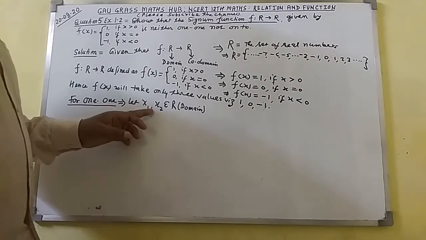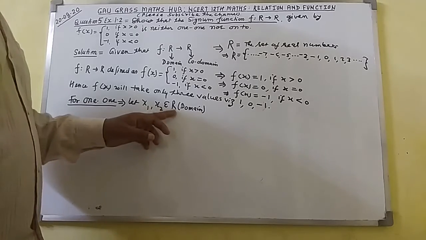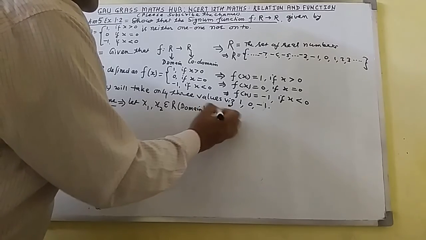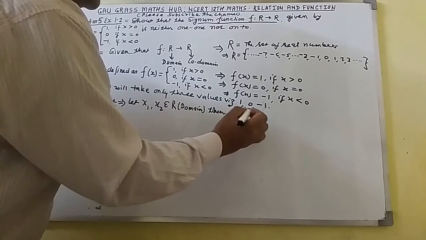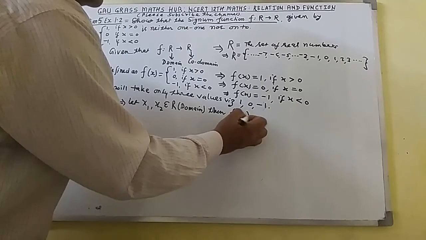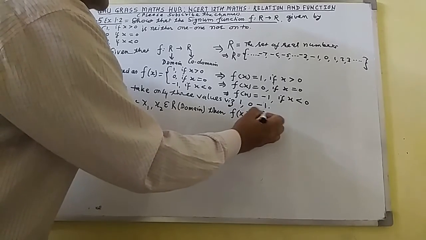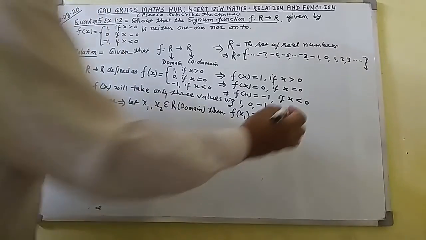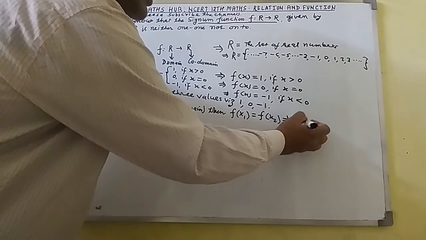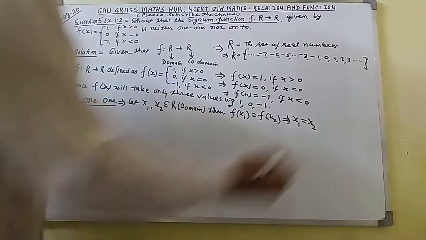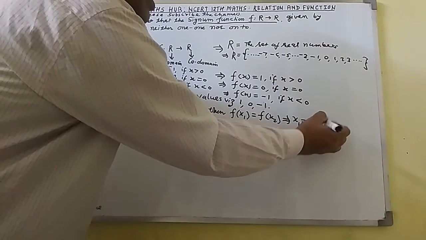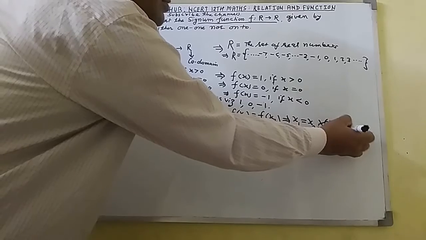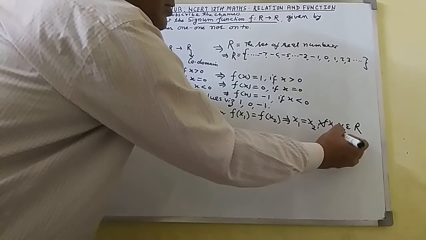Let x1 comma x2 belong to capital R domain. Then image of x1 equal to image of x2 implies that x1 equal to x2, for all x1 comma x2 belong to capital R domain.